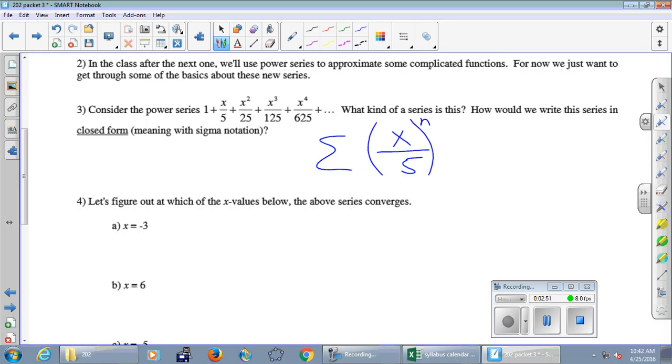Does that capture the pattern? Power on the x. Yeah, and then we'll just have to pick the right starting value here. The way that we've got it set up right now, where does it start? N equals 0 will give us the first term, which is 1, going up to infinity. There we go. So that's what we call closed form for that power series.